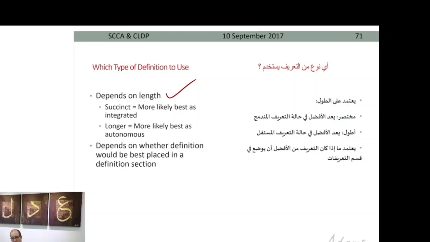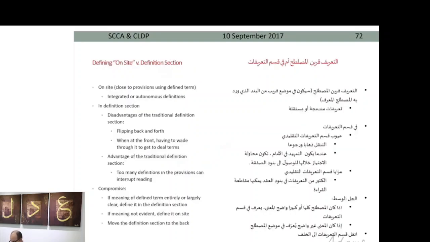The longer the definition, the more likely it is that an autonomous definition is the thing to do. But then there's also another question, which is, would it be best to place the definition in a definition section? Are you familiar with definition section?